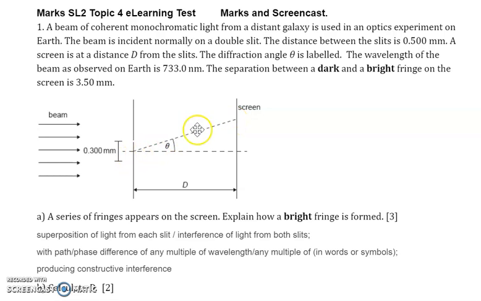And then you should say the path length of one is slightly longer than the other. The path from the slit that's lower down is slightly longer than the path from the slit that's higher up. And if it's going to be bright, it's going to be exactly an integer number of wavelengths, or phase shifted by multiples of 2 pi.